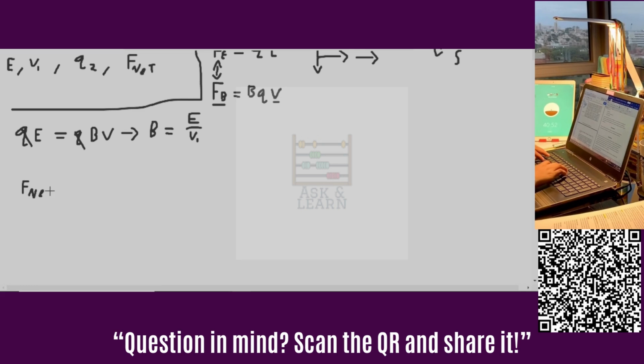The net force just means all the forces added together. You may have seen it in a summation form. If not, don't worry about it. This is a good introduction to summation. It's just the sum of all the forces, which in this case means you just add all of the F's, and we only have two forces here. We have Fe and Fb, the force of the electric field and the force of the magnetic field.